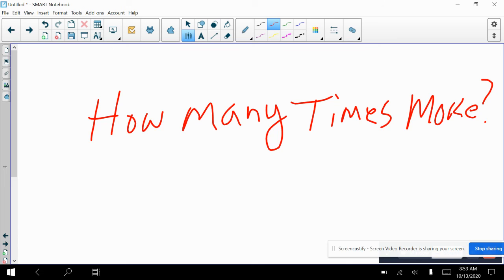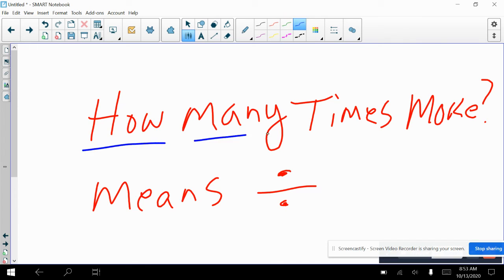Okay, the wording, how many times more? Okay, this is one of the commonly missed phrases. This simply means to divide. How many times more means to divide.